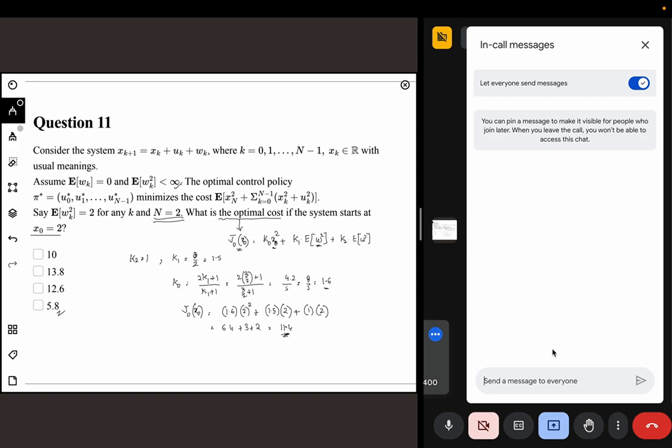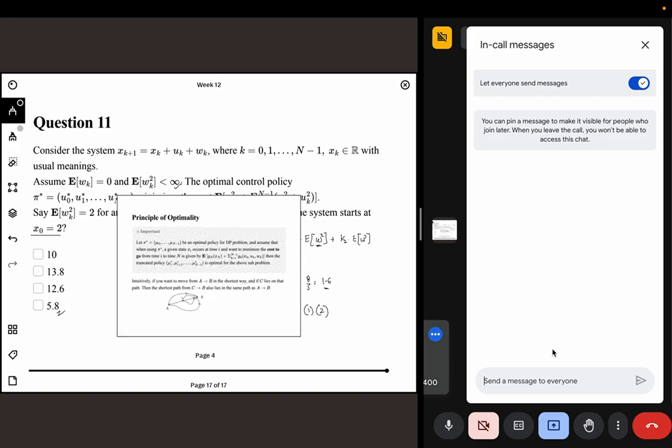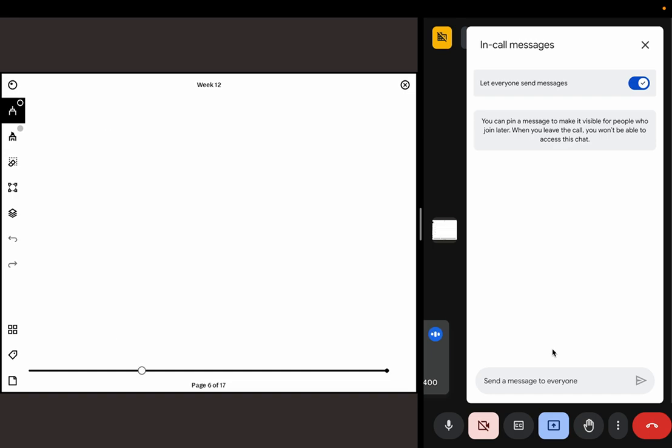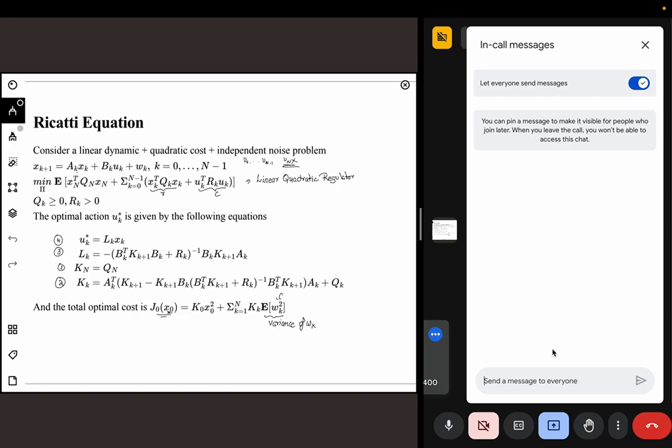I'll go through the calculation again, and then I'll update it in the final version. But if you see anything wrong here, let me know. Maybe you might have spotted some mistake in the equation. Let me quickly check. So k1 is basically 1 times k2 minus k2 square, over 1 plus k2, plus 1, k2 by 1 plus k2 plus 1, 1 plus 2 k2, 1 plus k2.